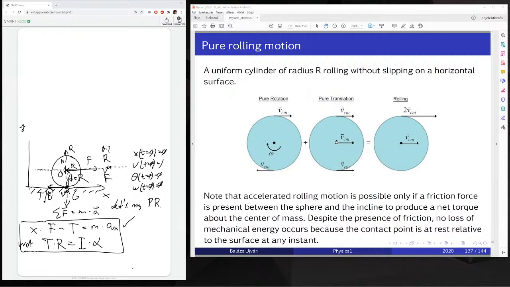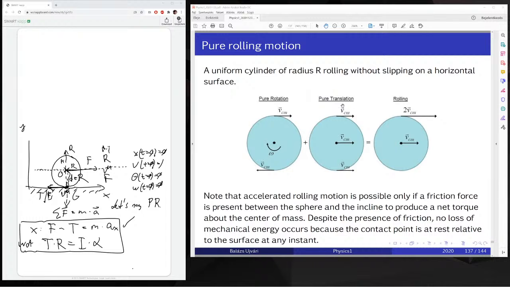What if I add a pure rotation and a pure translation, but with the velocity which is equal to omega times the radius? If you add it, you will see that in this case the center of the rotation does not move, so it's pure rotation. By pure translation it moves like v, the sum will be v.